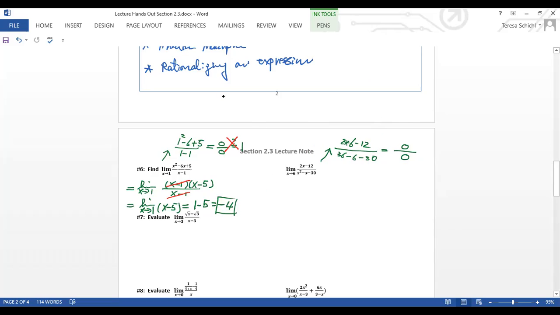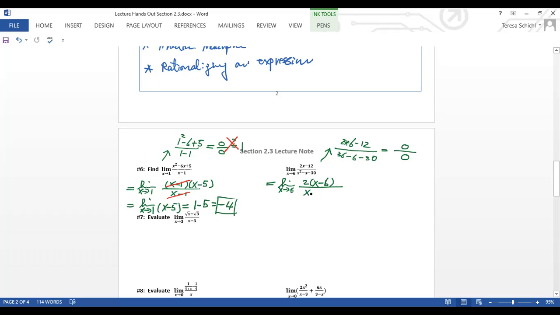So what is the first method they tell us? They said, hey, try to factor to see if factoring is going to help or not. All right, let's take a look. Maybe we can get lucky. So if you factor 2 out of 2x minus 12, you get x minus 6, right? Now x squared minus x minus 30. What is this one?